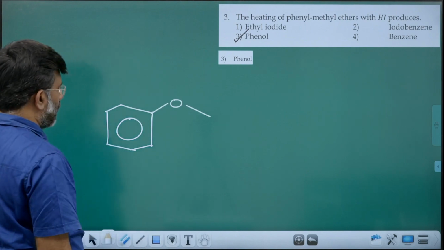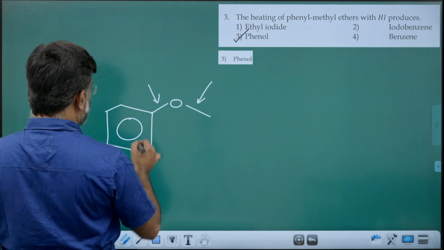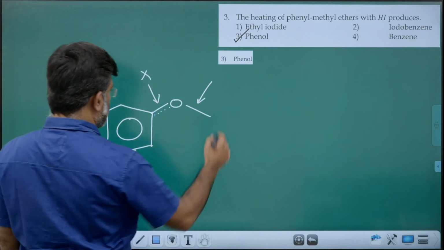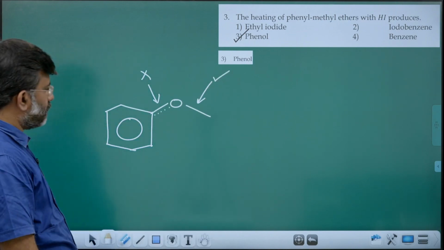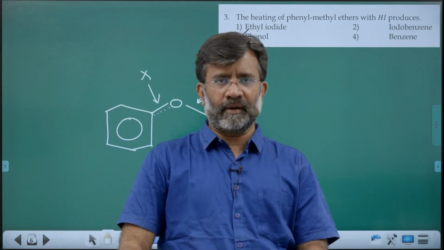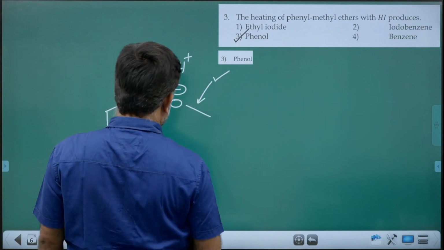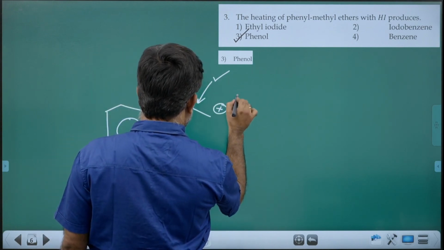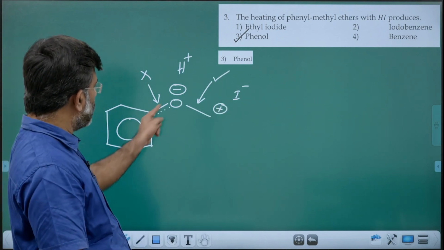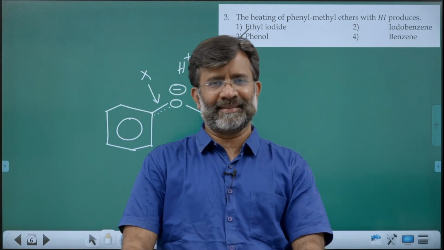When you talk about reaction with HI, the point is whether it is cleaved here or cleaved here. This is not possible as there is a partial double bond character, and it is cleaved here. You get phenol and methyl iodide. Here it will be minus and H plus will be coming there. Here it will be plus and I minus will be coming with that. So methyl iodide and phenol. Always phenol is one product. Okay. Next.